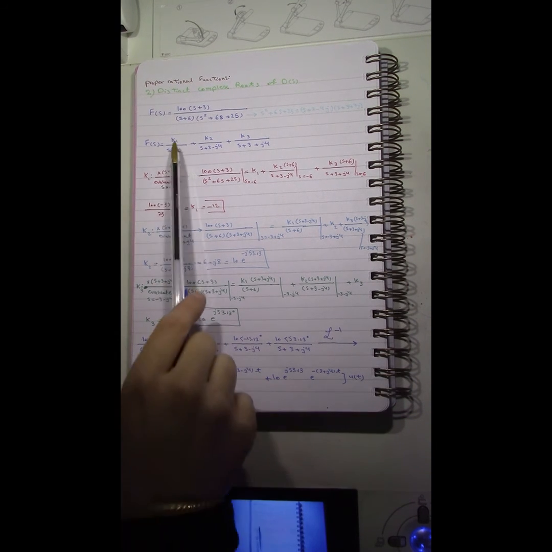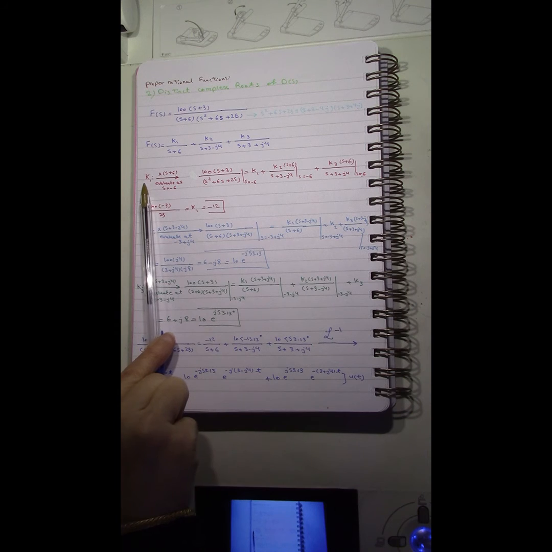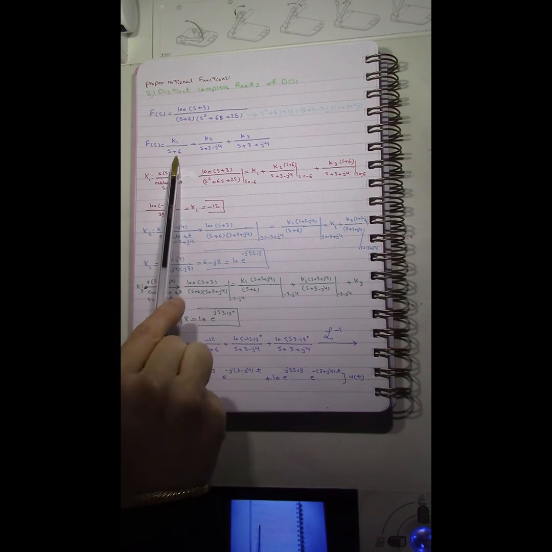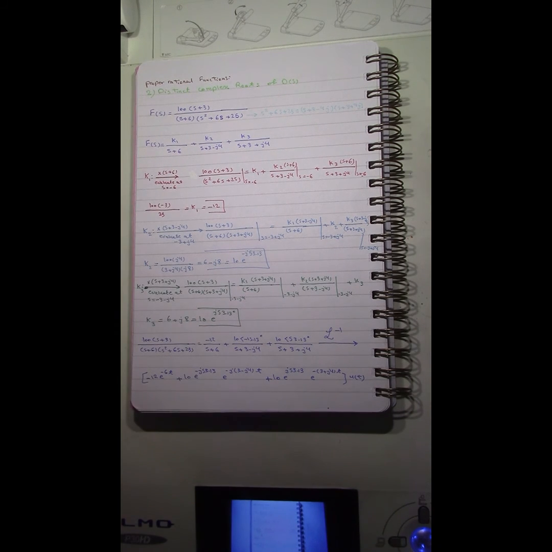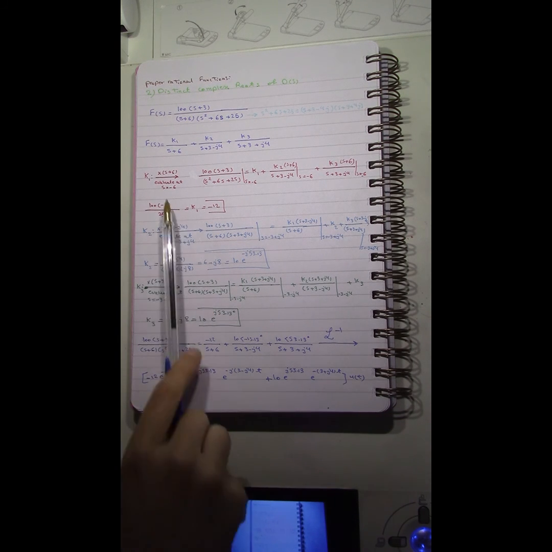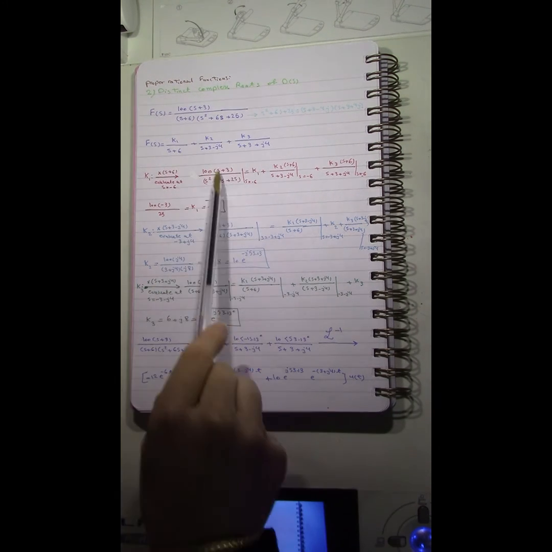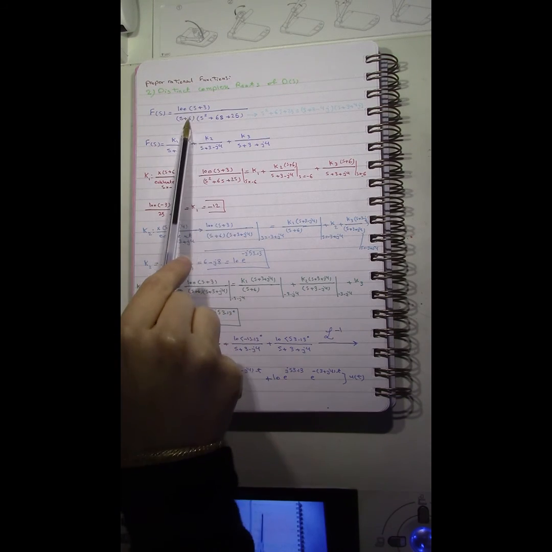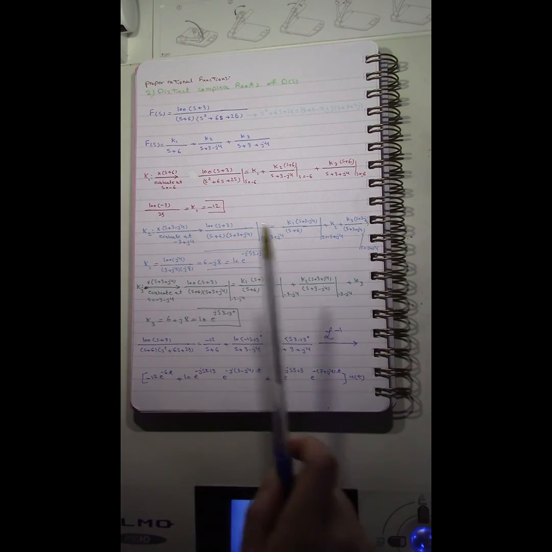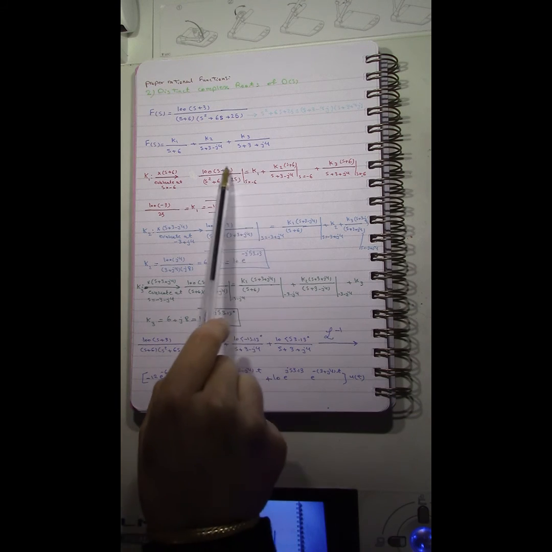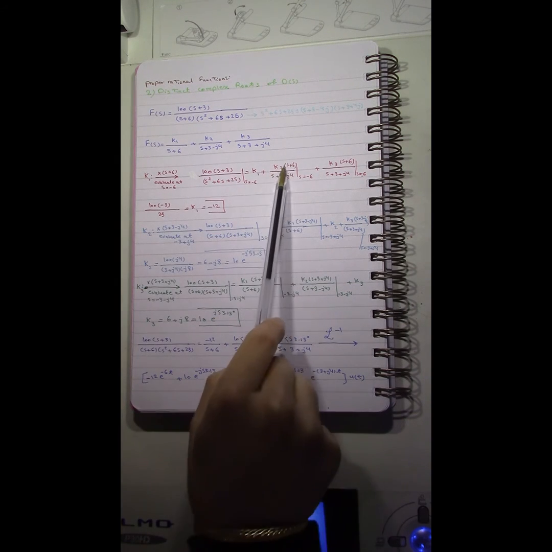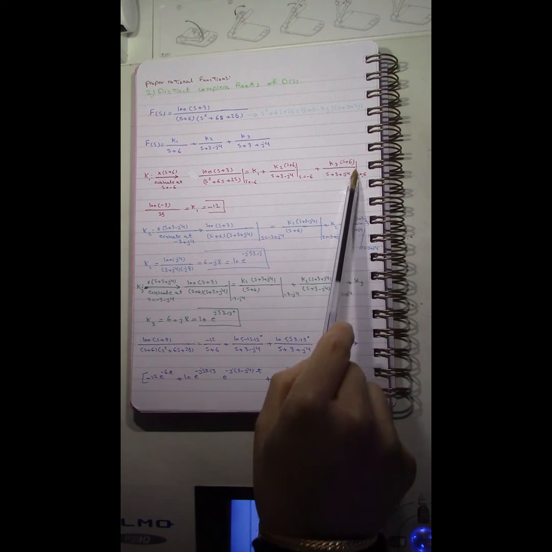Okay, for K1, you multiply both sides of the equation by s plus 6 and evaluate at s equal to minus 6. If you multiply this part by s plus 6, you will get this, because this one and s plus 6 will cancel out each other. You will get this and K1, plus K2 times this term, plus K3 times this term.